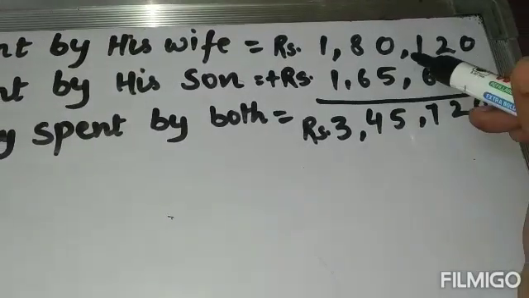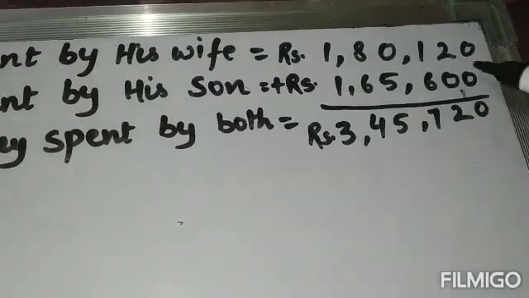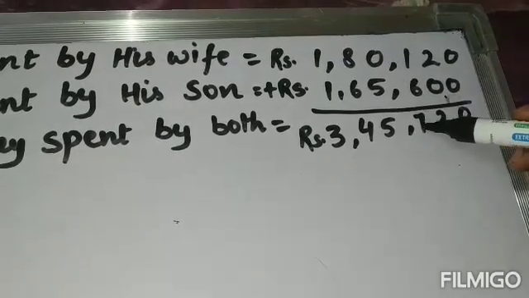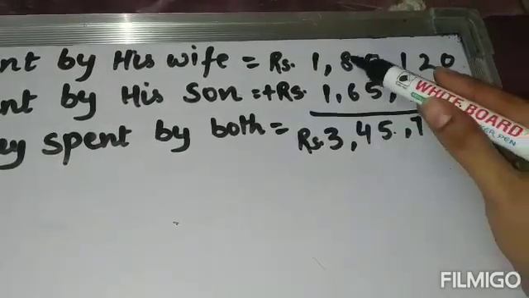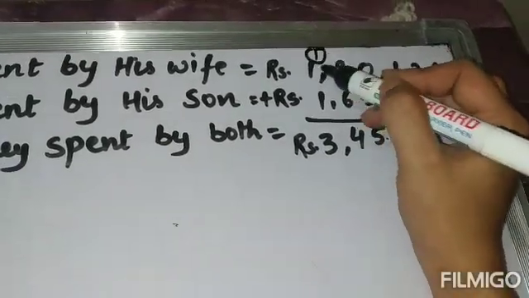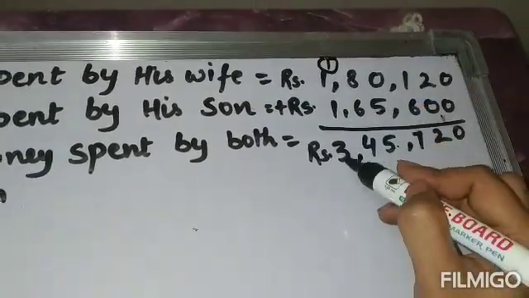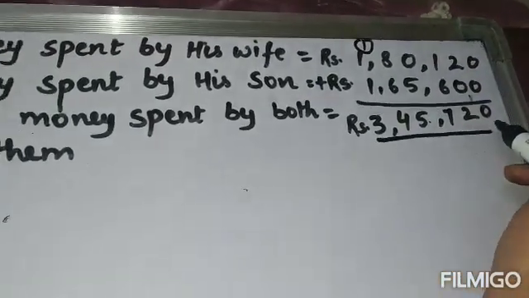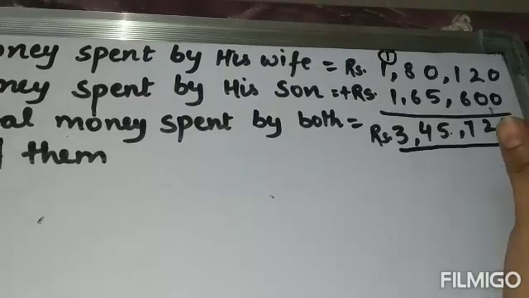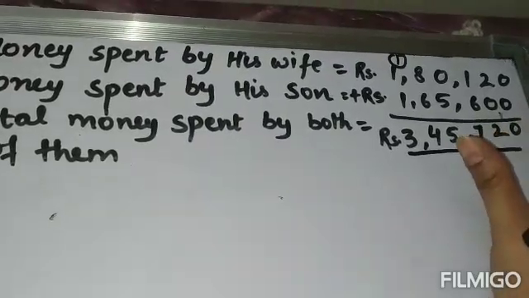I have added it: 0 plus 0 is 0, 2 plus 0 is 2, 6 plus 1 is 7, 5, 8 plus 6 is 14, 1 carry, 1 plus 1 is 2, 2 plus 1 is 3. So money spent by both of them is 3,45,720.